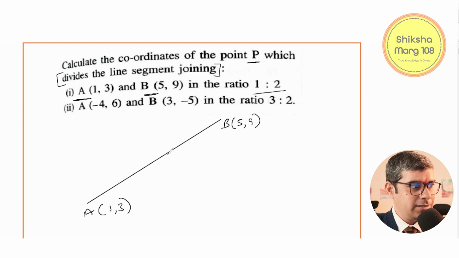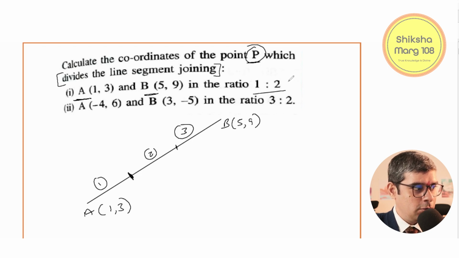So let's divide this line into 3 parts. Let's make sense of it. It's going to be the first part, the second part. So now as you can see, 1, 2, 3 parts. And we need to have a point P which is going to be over here, let's say, because there are 3 parts and this is 1:2. So this part is 1 and these two combined are going to be 2 parts.